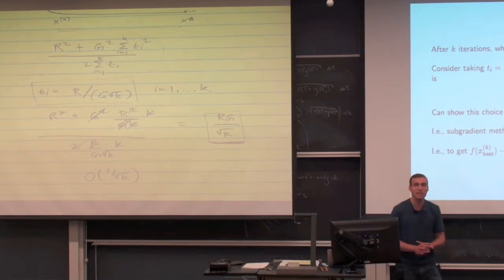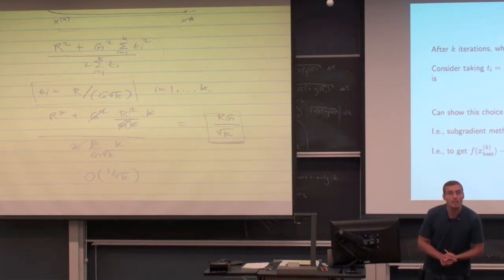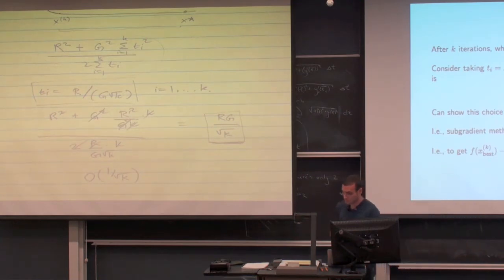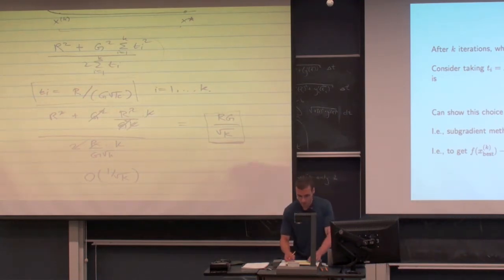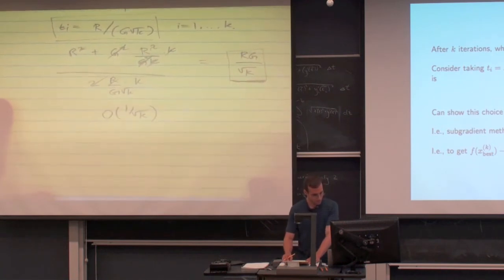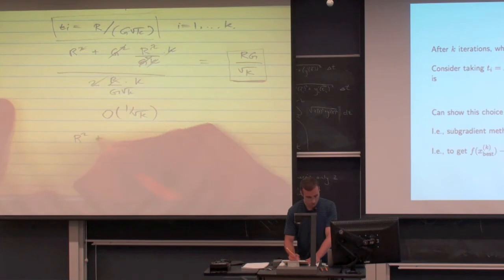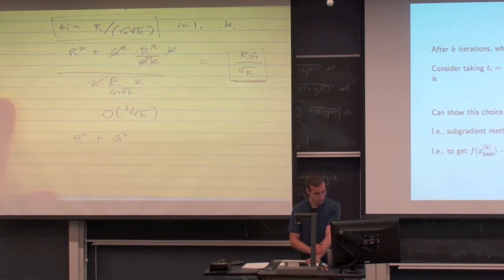How much do I lose if I take tk equal 1 over k for the bound? Well, I don't know off the top of my head, but we can try that. So let's suppose we take r squared plus the sum of 1 over tk squared.